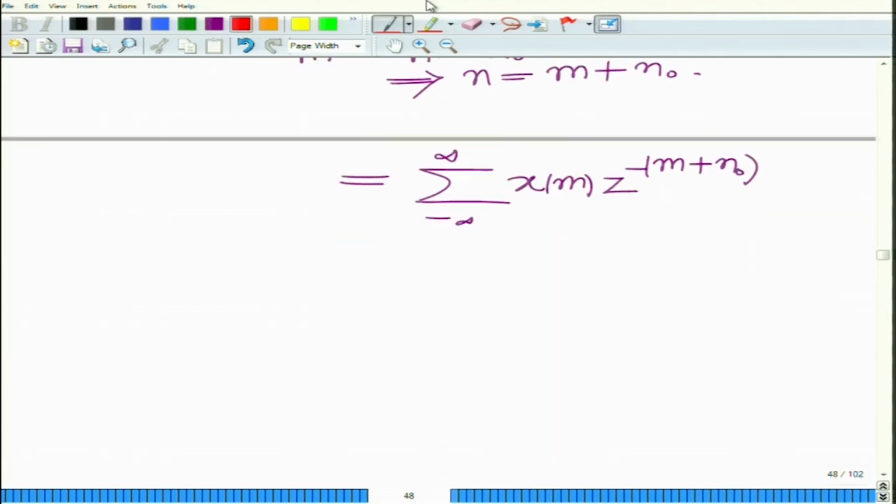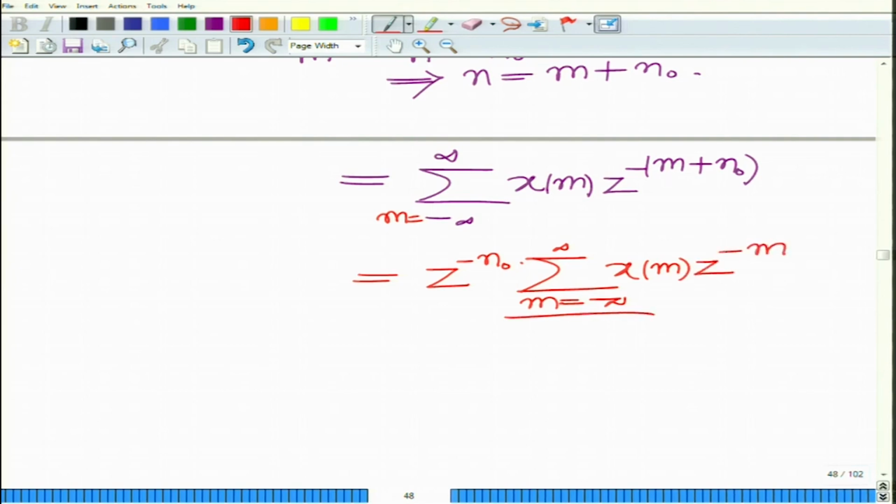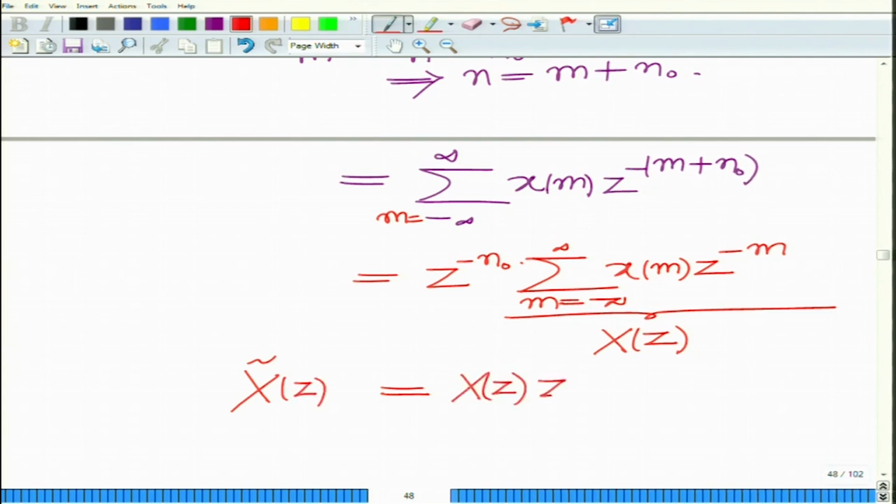If you take z raised to minus n naught outside, this is the summation m equals minus infinity to infinity x of m z raised to minus m, and remember this is x of z. So x tilde of z equals x of z into z raised to minus n naught.